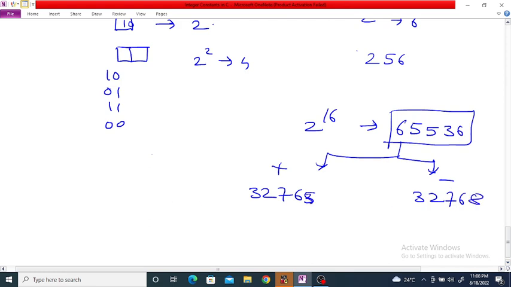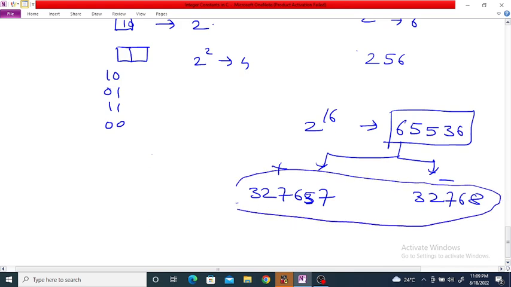So you can store a positive number up to 32,767 and a negative number down to 32,768.